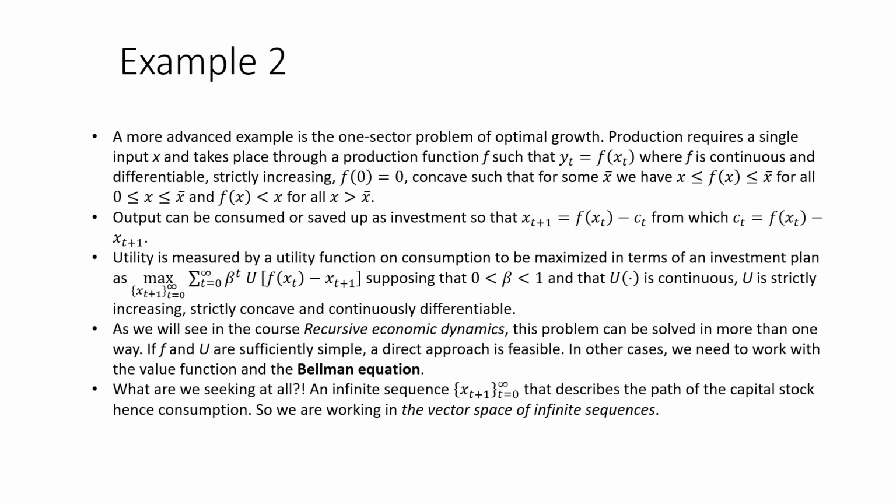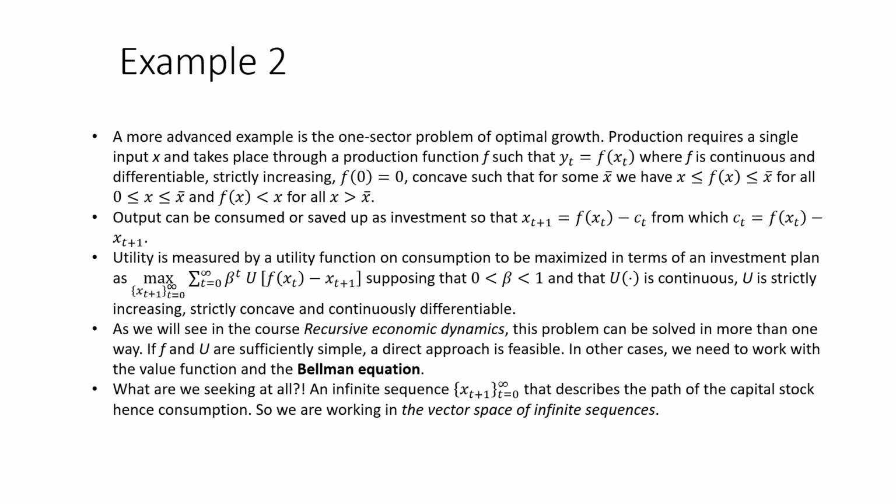There is a utility function for the society, which has consumption as its argument, and the value function, the objective function, which we are going to maximize, is the sum of discounted utilities of the future. If the problem is sufficiently simple, we can solve it by a direct approach, which we will do in the next course.